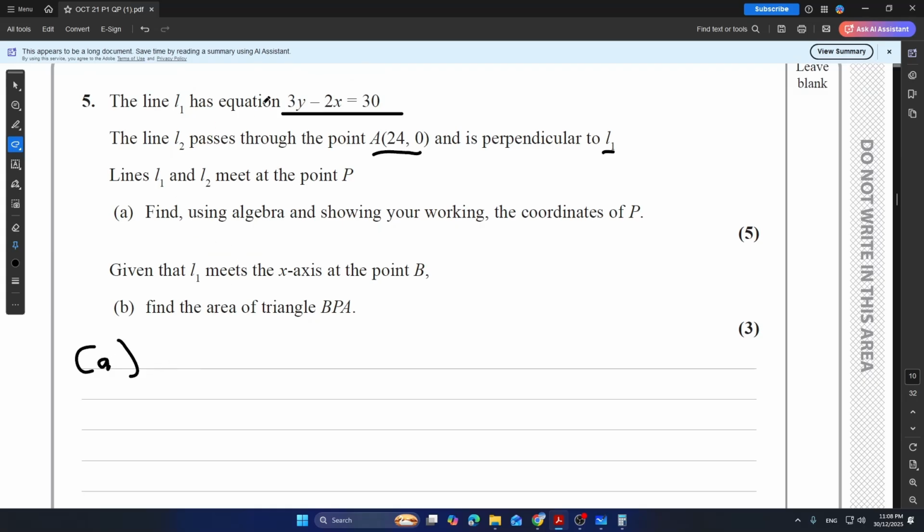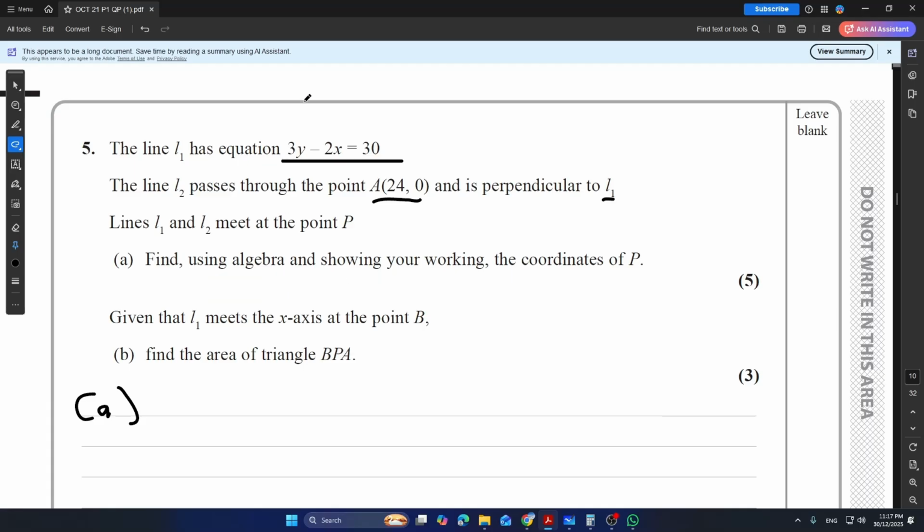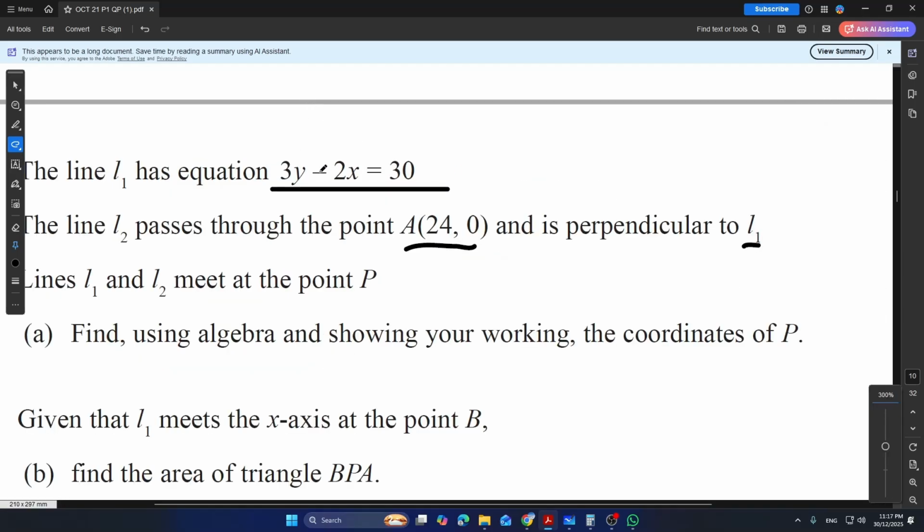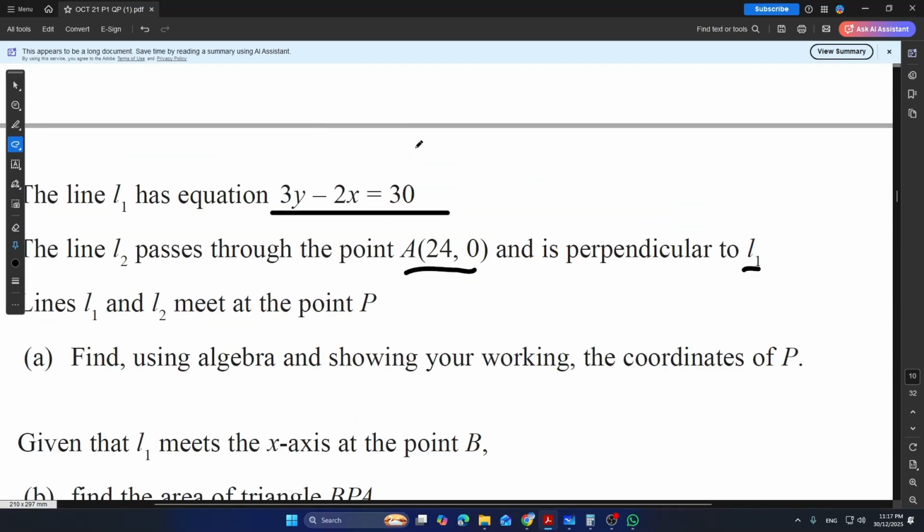The line L1 has the equation. So first thing we have to do is look at an equation like this. You can see that there's something wrong with this equation: y is not the subject, because you know an equation of a straight line is y equal to mx plus c, where y is our subject. So first thing to do is make y the subject. In order to make y the subject, we take the minus 2x and put it to the other side.